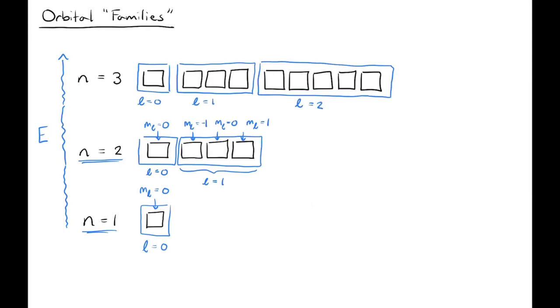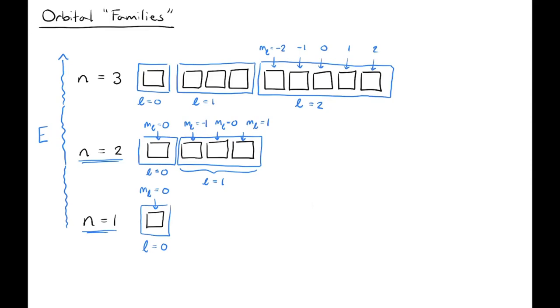And because L has a bigger value here, we also have more options for what M sub L can be. According to our numbering scheme, that helps us illustrate that in the subshell where L equals 2, we actually have 5 possibilities here, right? -2, -1, 0, 1, and 2, according to our rules for assigning quantum numbers.